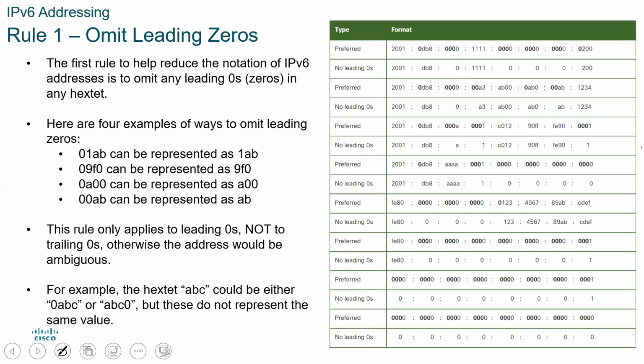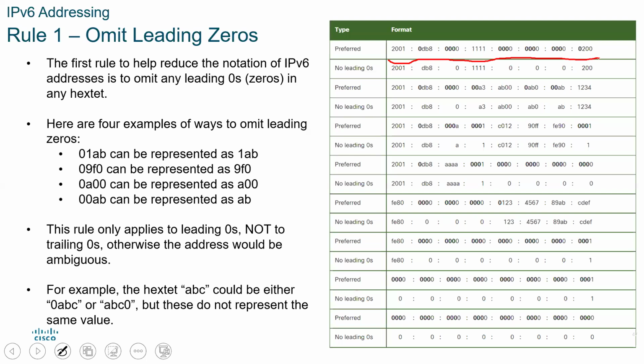The first rule is to omit the leading zero. Take this IP version 6 address. The first segment says 2001, there's no leading zero.